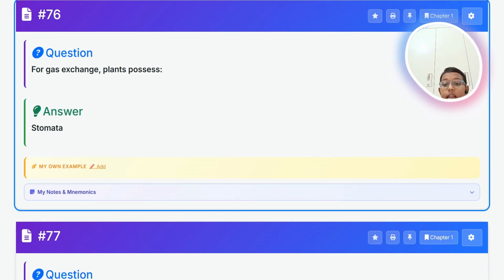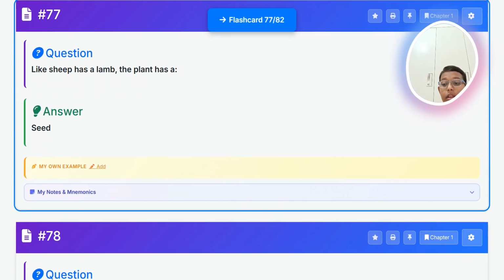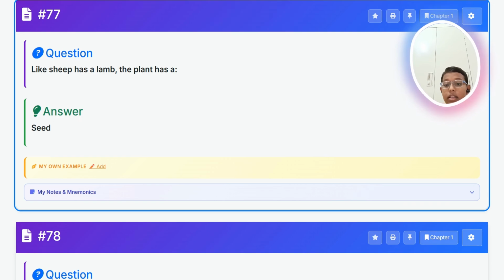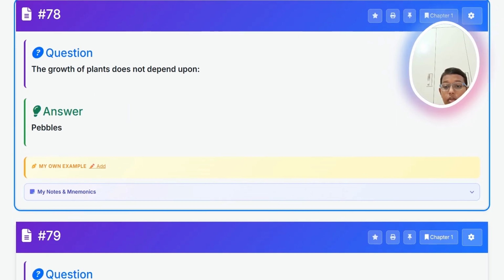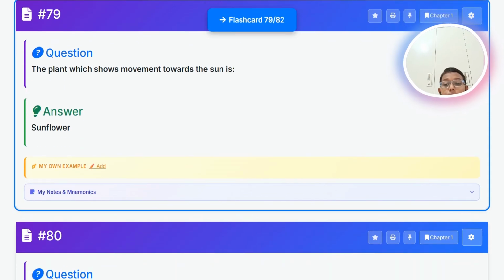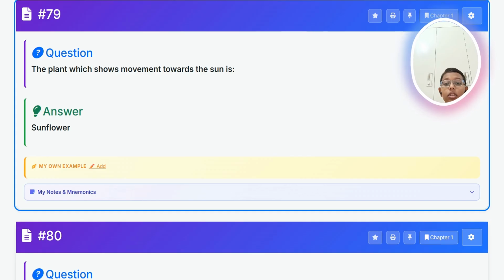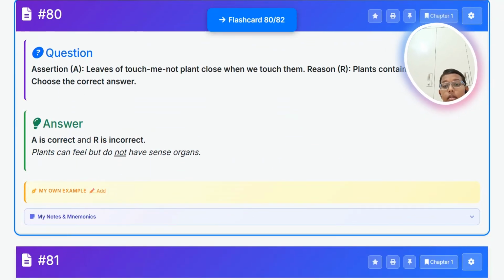For gas exchange, plants possess stomata. Like a sheep has a lamb, the plant has a seed. The growth of plants does not depend upon pebbles. The plant which shows movement towards the sun is sunflower.